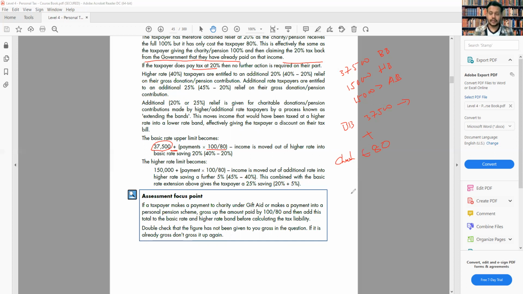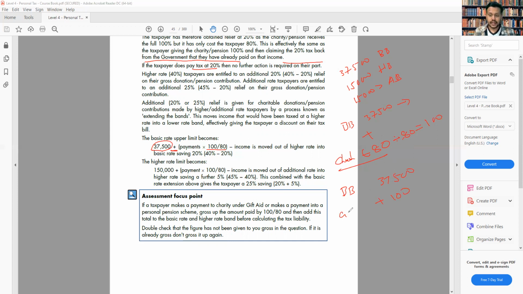So I'll say my basic band is 37,500, and I give some to charity, so it will be extended. How much will be extended? Not 80, but I have to gross it up first. Remember that. I have to gross it up first. So 80, I need to divide by 0.80, and that will be 100.